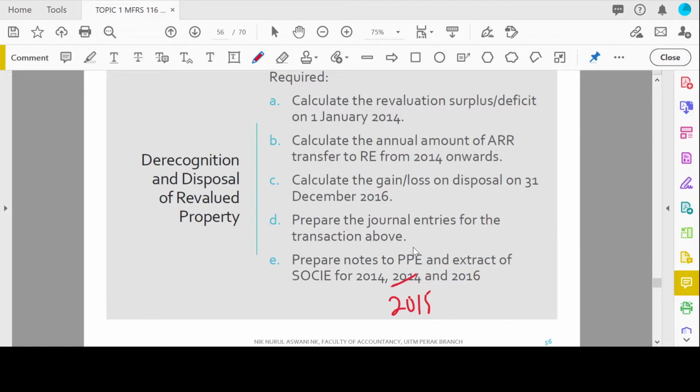So let's look at number 1, to calculate the revaluation surplus or deficit on 1st January 2014.